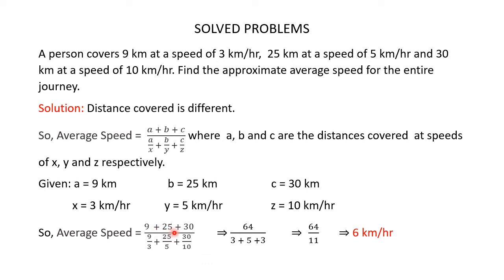Now 9 plus 25 plus 30 is 64 and 9 by 3 is 3, 25 by 5 is 5 and 30 by 10 is 3. So we have 3 plus 5 plus 3. So we get 64 divided by 11, which is approximately 6 kilometers per hour. So the approximate average speed for the entire journey is 6 kilometers per hour.